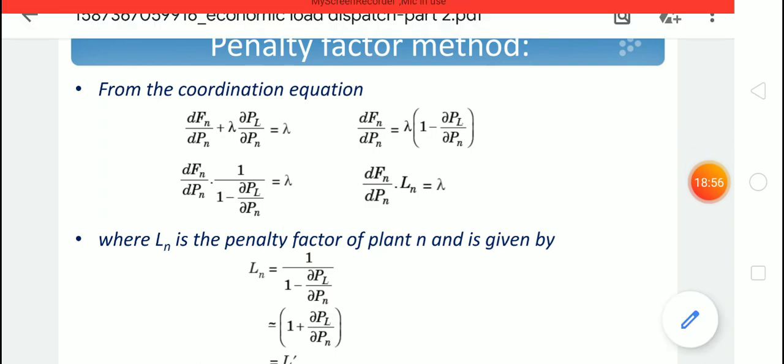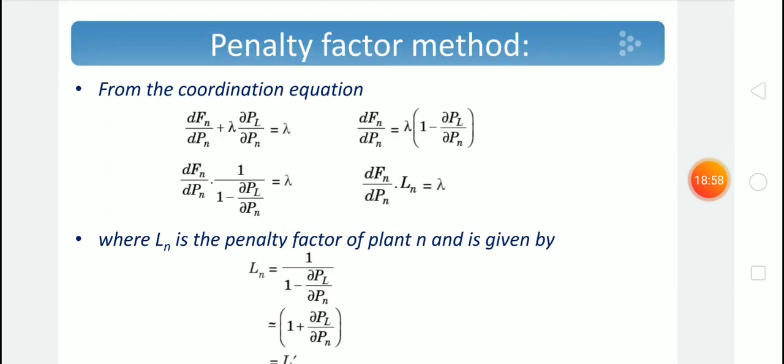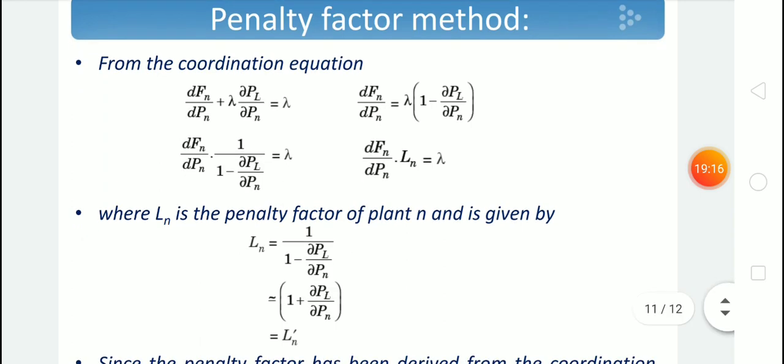Or also we can write ∂Fn/∂Pn into 1/(1 minus ∂PL/∂Pn) equal to lambda. Or ∂Fn/∂Pn into Ln equal to lambda, where Ln is called the penalty factor, which is 1/(1 minus ∂PL/∂Pn).